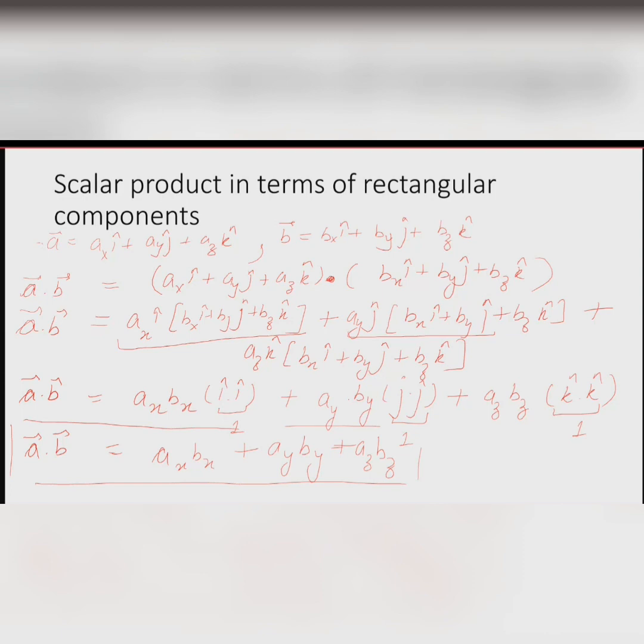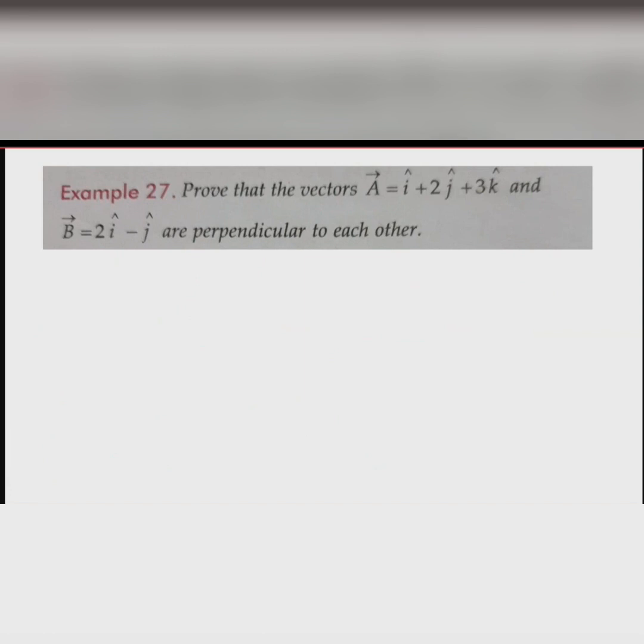Got it? Shall we do one question on this? I think it would become much clearer to you then. Okay, so here is a question. Vector A is i hat plus 2j hat plus 3k hat, and vector B is 2i hat minus j hat. We have to prove them perpendicular to each other.